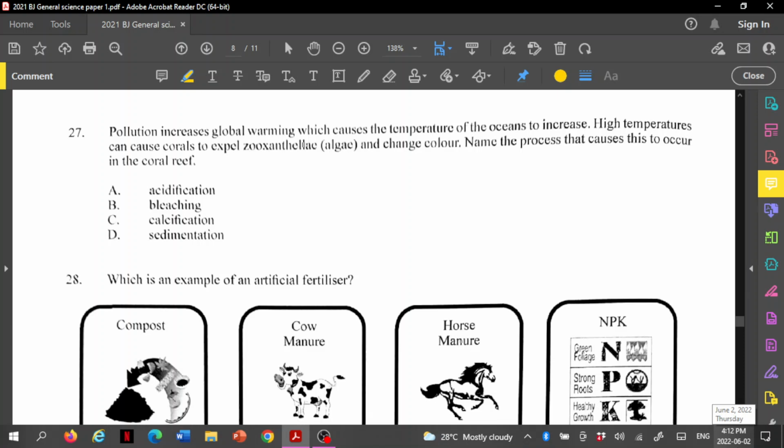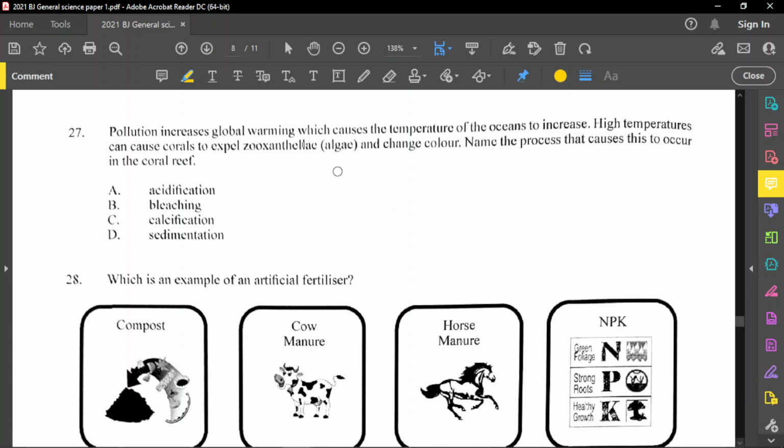Question number 27, and we are really progressing towards the end. It says pollution increases global warming, which causes, so let's go back over this again. I think I'm going too fast. Pollution increases global warming, which causes the temperature of the ocean to increase.